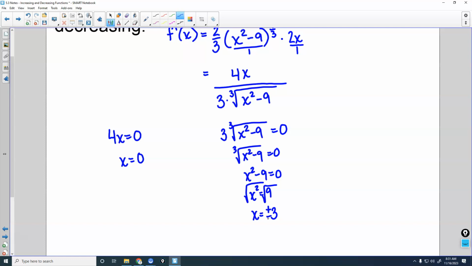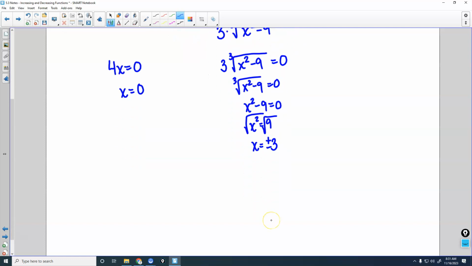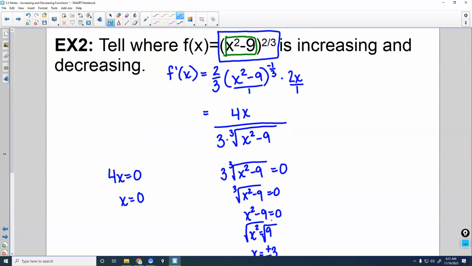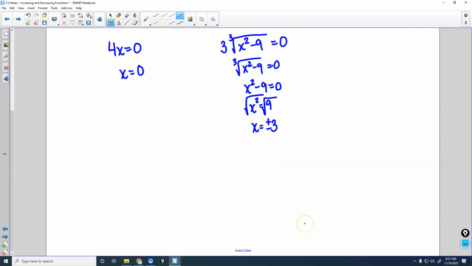I'm going to show you the way that I prefer to do this. You don't necessarily have to do this for these problems. We want to take our critical points and put them on a number line, and we'll have -3, 0, 3.